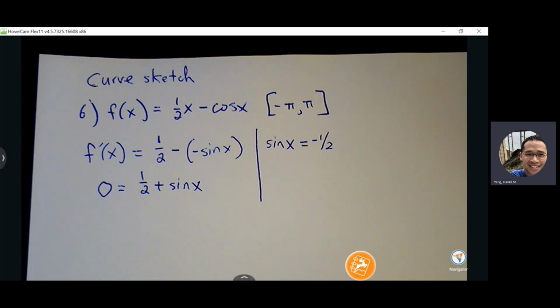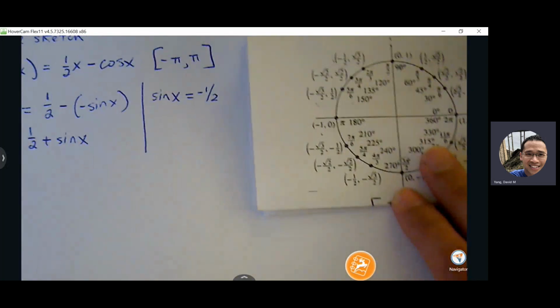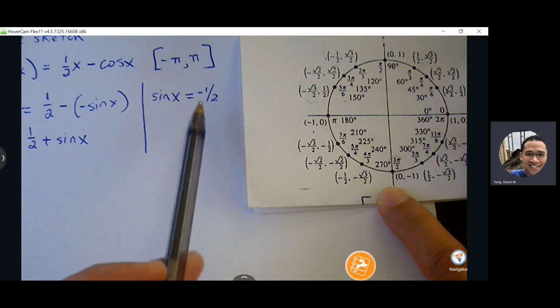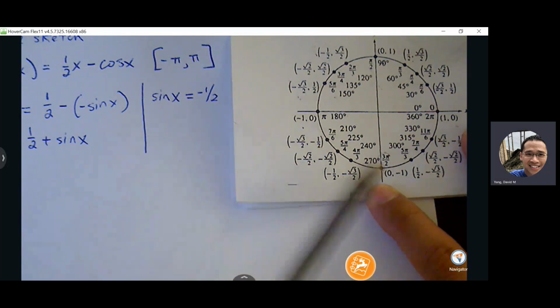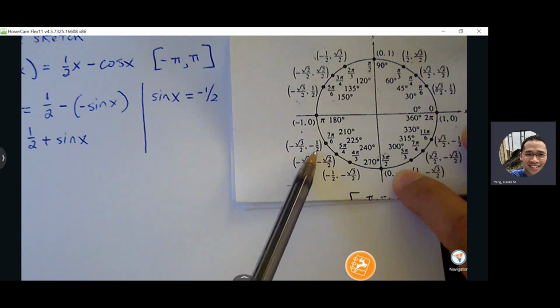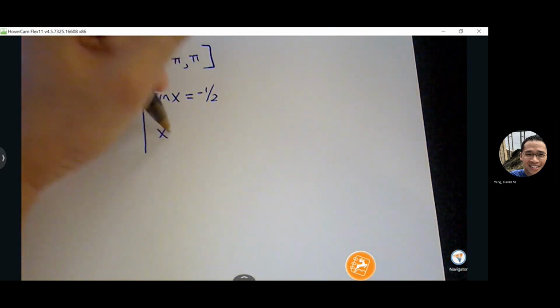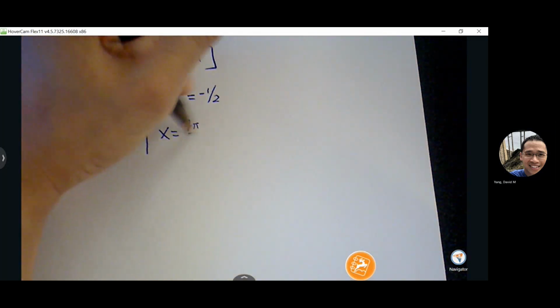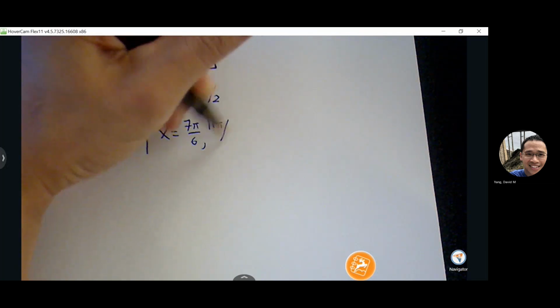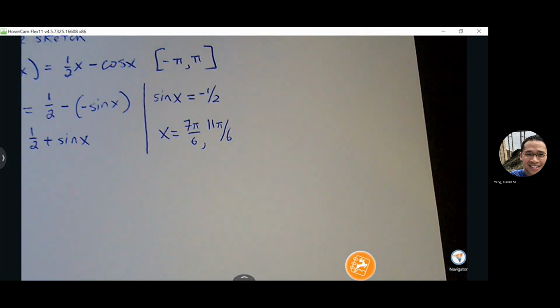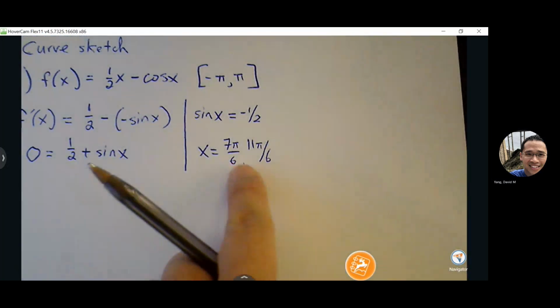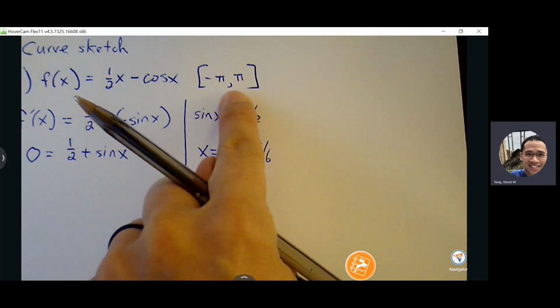Right, so thinking about where sine is equal to negative 1/2, think about our unit circle values. We know sine is negative in the third and fourth quadrant. So that's going to be in that pi over 6 family. So 7 pi over 6, 11 pi over 6, right? The problem is that these values are not inside the interval.